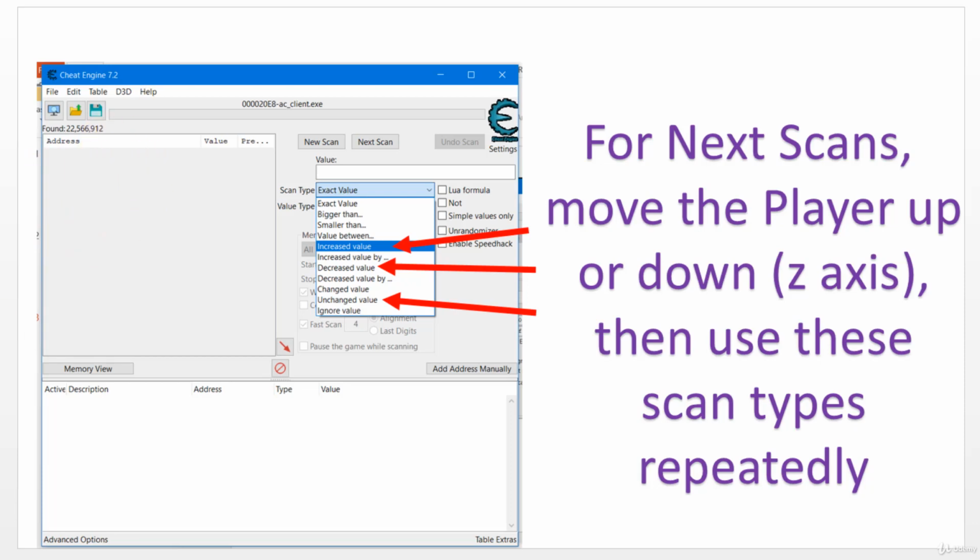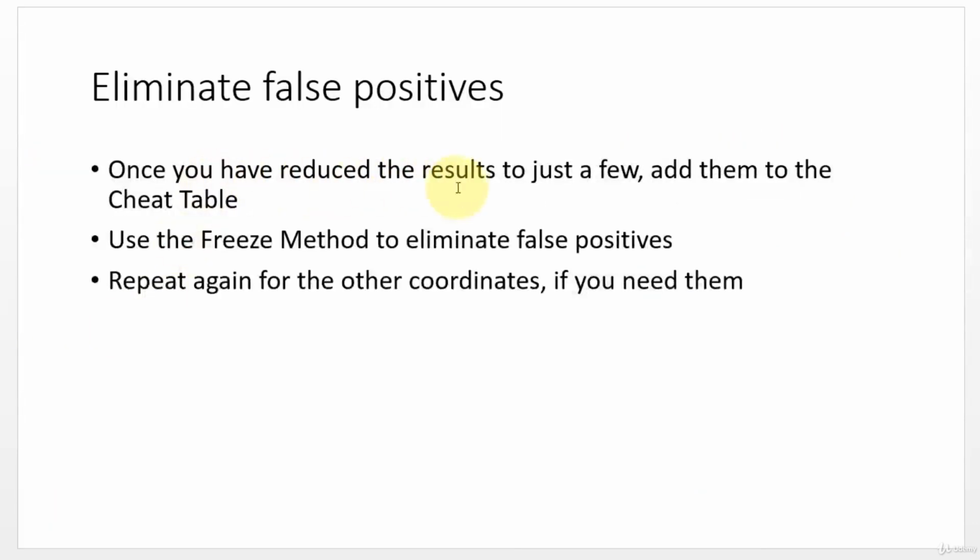Then we add all those 10 to the cheat table. Once you have reduced the results to just a few, add them all to the cheat table. Next, we use the freeze method to eliminate the false positives. In the freeze method, which I have already taught you before, you will freeze half the results in the cheat table and see whether the player freezes.